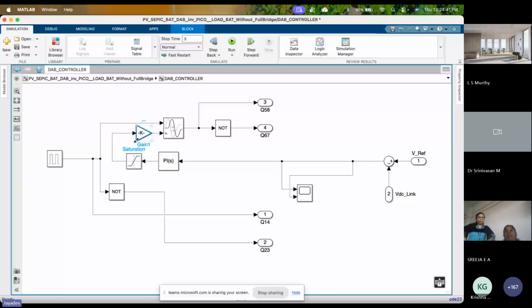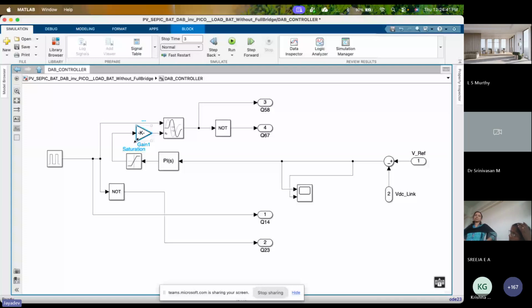Then we multiply with the time period. So overall, the phase shift is converted into time, and that is given to the variable time delay. This variable time delay block compares with the reference signal. We are generating a 20 kilohertz signal with 50% duty.